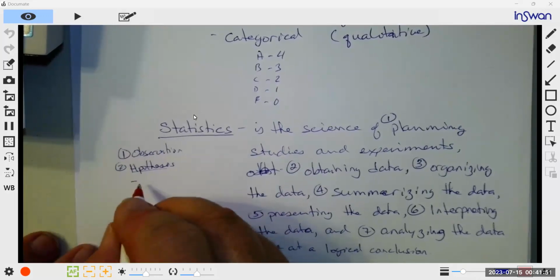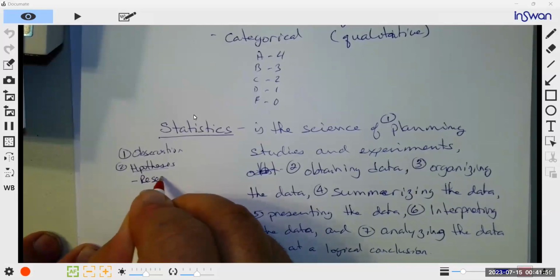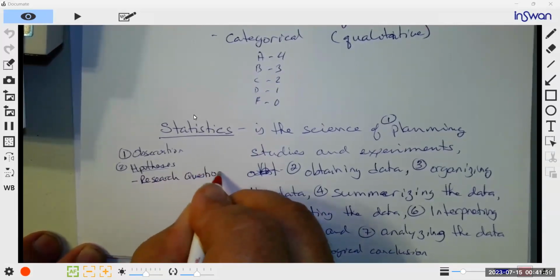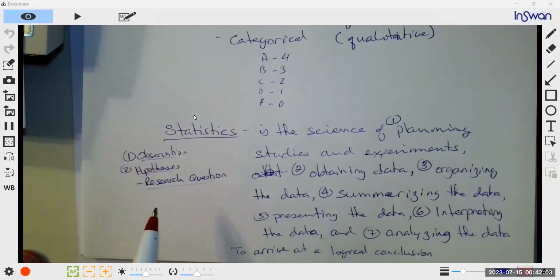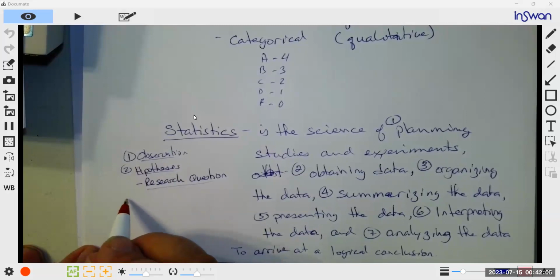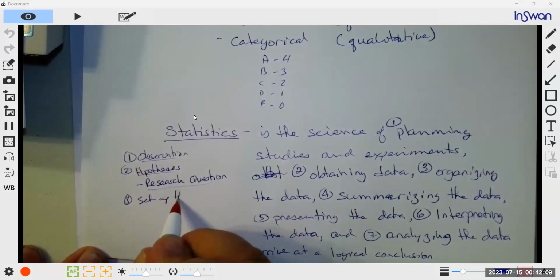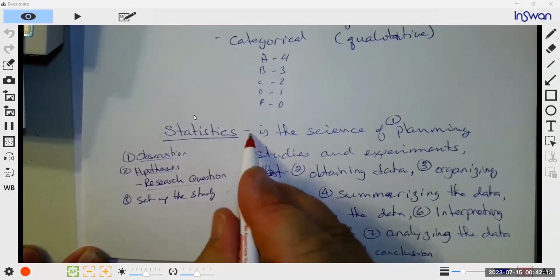I say what you have here is a research question, because once you observe something, you say, okay, now what causes that? And then from there, you have to set up the study, which is all this stuff.